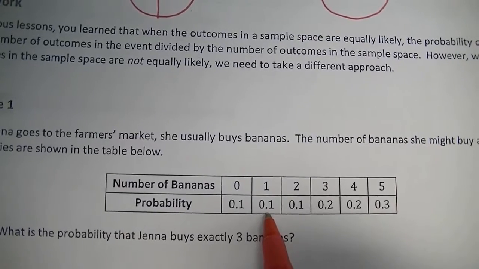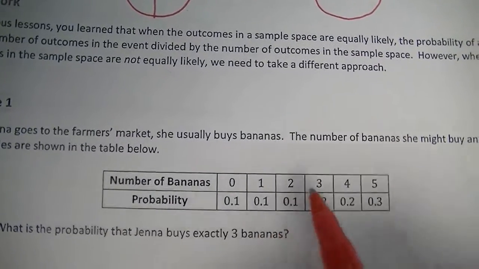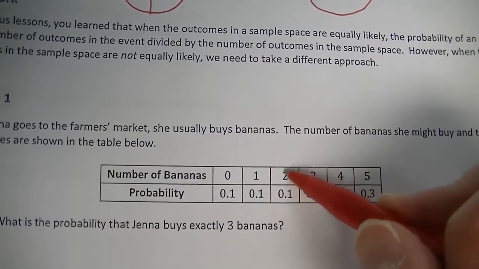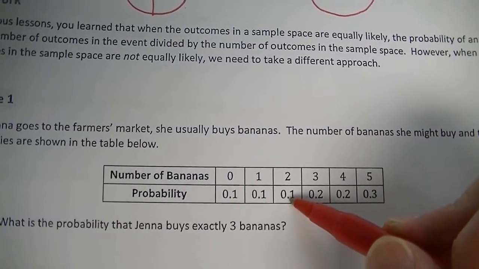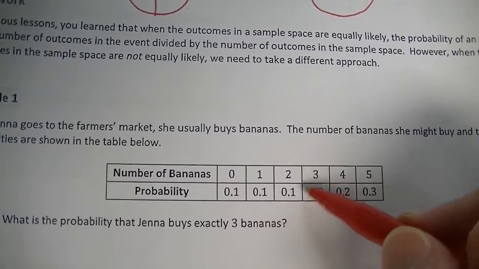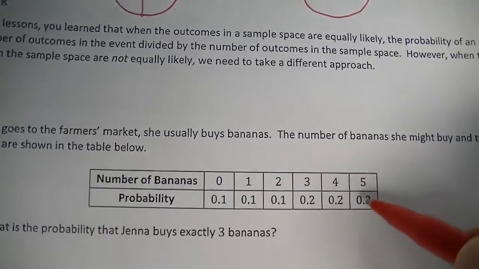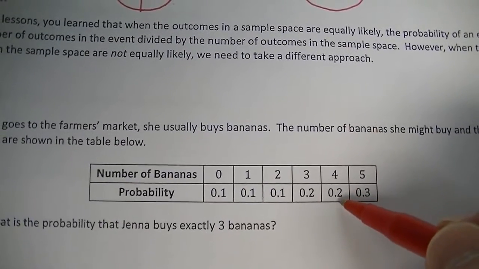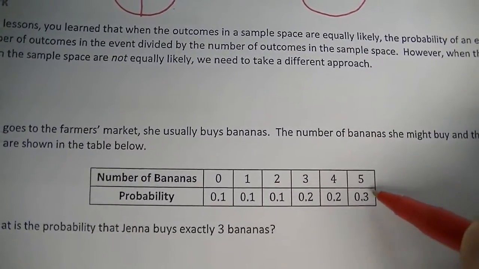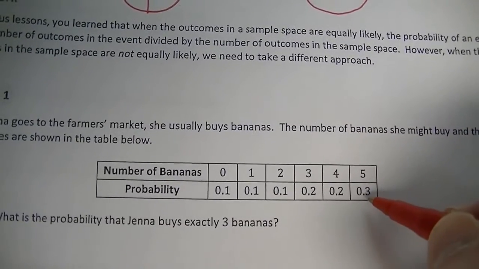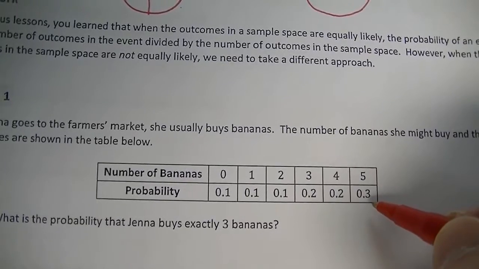For 2 bananas, also a 1/10 chance. For 3 bananas, a 2/10 chance. For 4 bananas, the same. And for 5 bananas, that's most likely, with a 3/10 chance, okay?